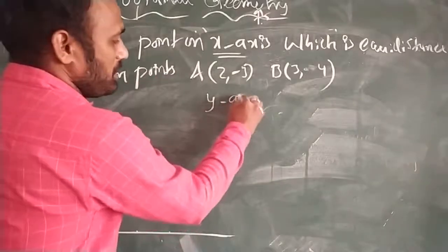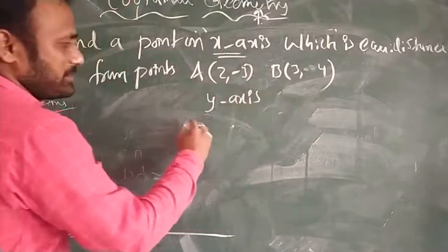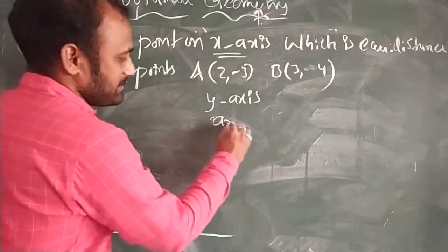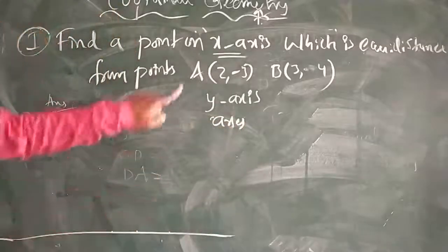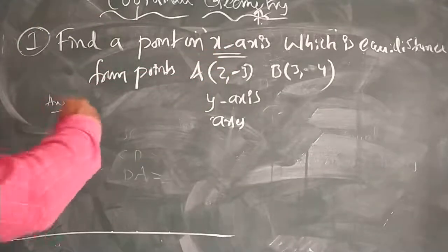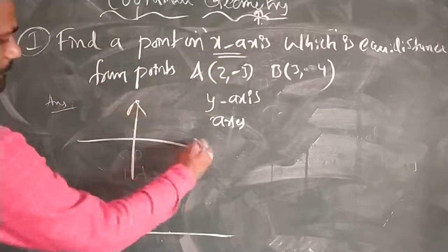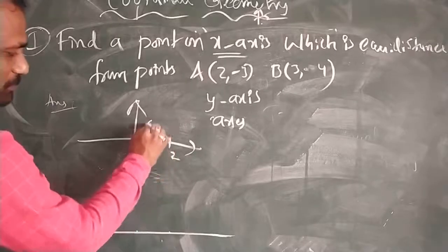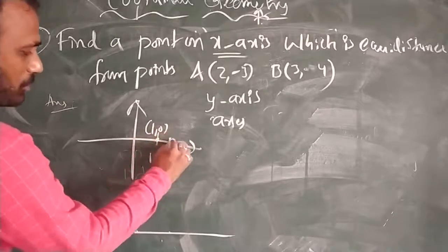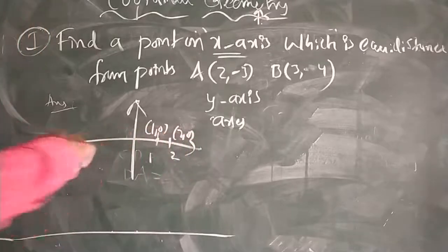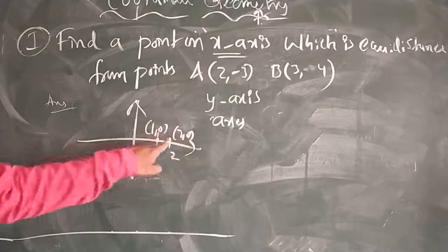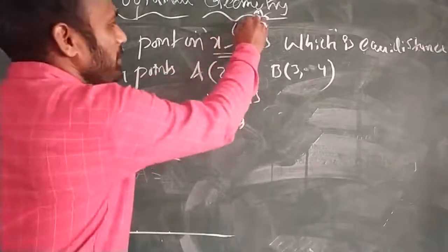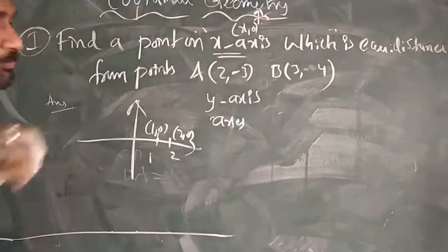We know that every point on the x-axis, if I call this point (1, 0), this point (2, 0), every point we represent as a number, 0. So every point on the x-axis will be in the form (x, 0).